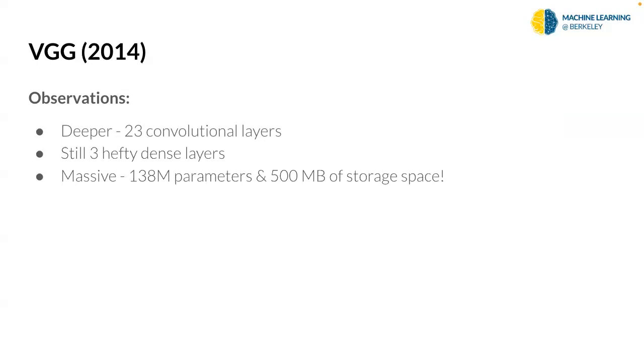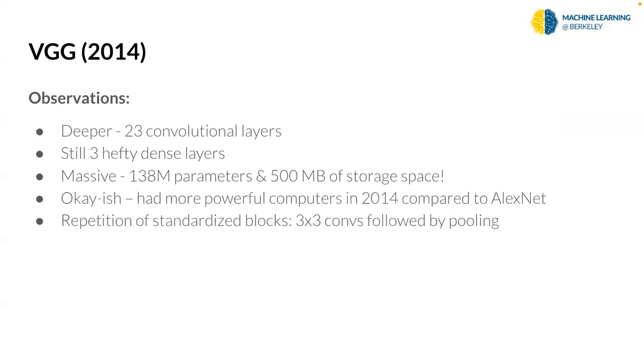So training it was definitely difficult, but it was less of an issue because more capable GPUs had come out by that time. VGG is still a huge network that is unnecessarily large for how good it is in most cases. But it's a lot deeper. VGG 19, I think, has 23 convolutional layers. We still have the 3 hefty dense layers, so we did not get around those at all.